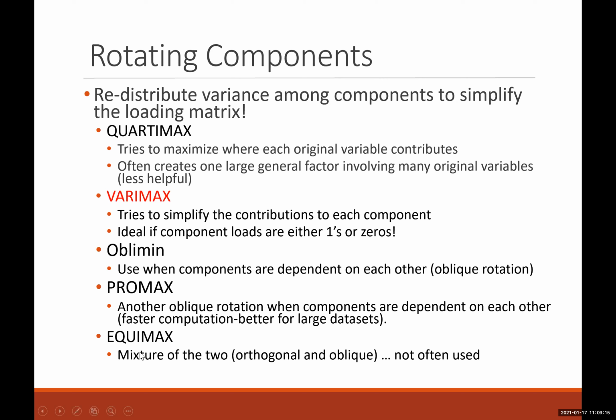In that case, we may end up using the Equimax rotation. But it's not very often used, because it would be a rare situation where the application requires both, where some data, more like bimodal data, would be dependent on each other and other data would be perpendicular and totally independent of each other.